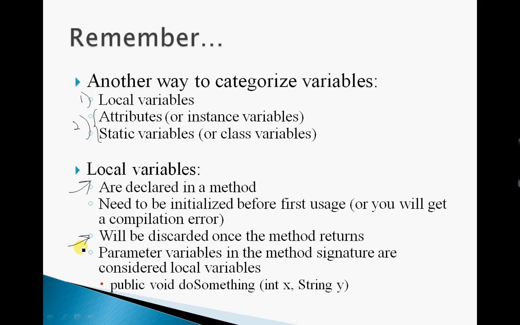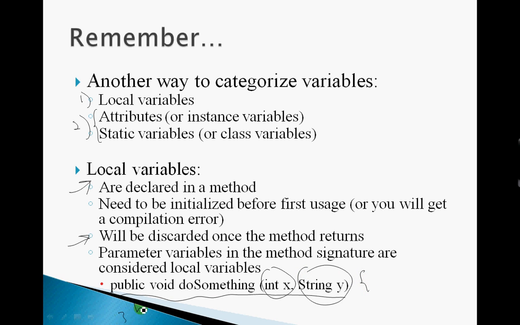When you discard the local variable, the corresponding value will also be discarded. You see this when you draw the memory state diagram. You call a method, we return from the method, and all the local variables used in the method will be thrown away. If you look at a method signature, this method is called doSomething, and it has two parameters: an int X and a string Y. X and Y in this case are also considered local variables, although they are not declared in the method per se.